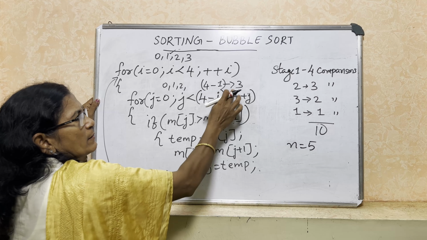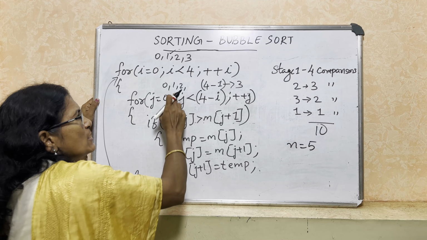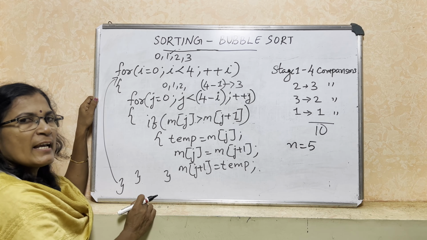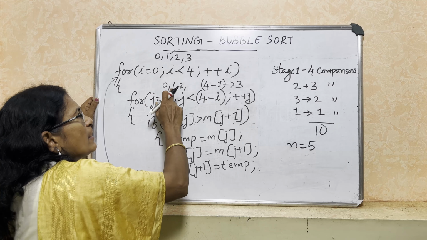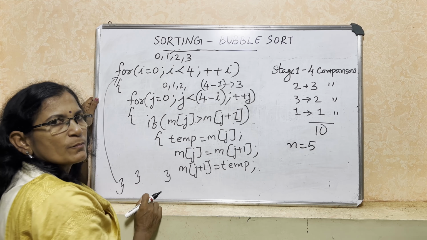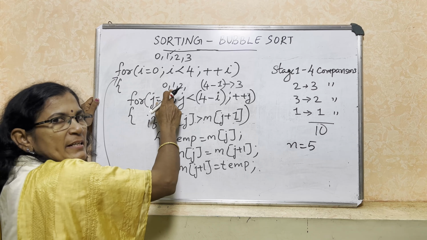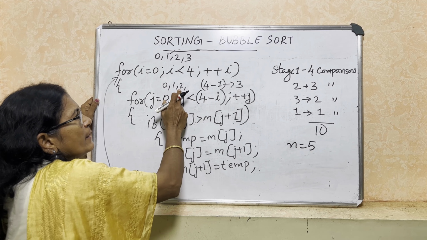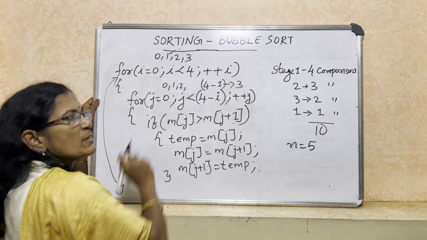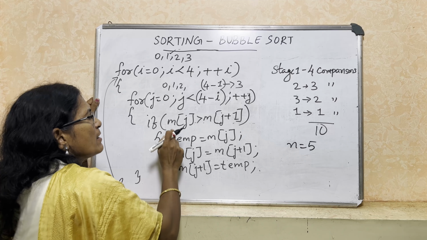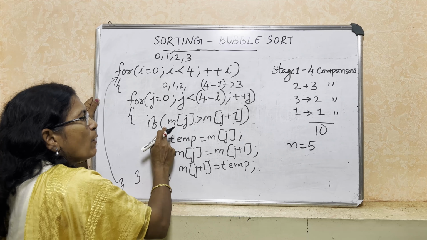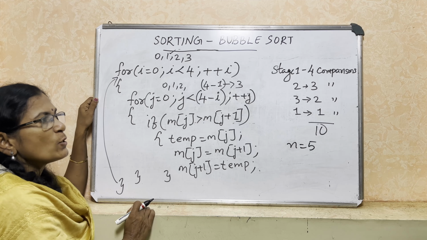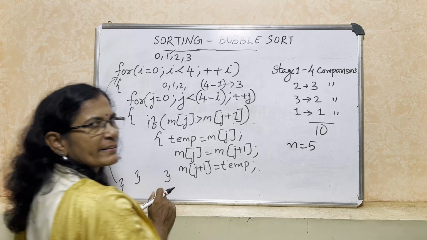The limit is 3, so j less than 3 means j takes the values 0, 1 and 2. So the first and second elements are compared, the second and third elements are compared, and the third and fourth elements will be compared. When j is equal to 2, m of 2 greater than m of 2 plus 1, m of 3. So 3 comparisons will be done at the second stage.